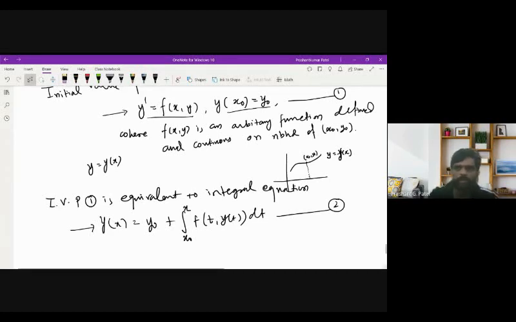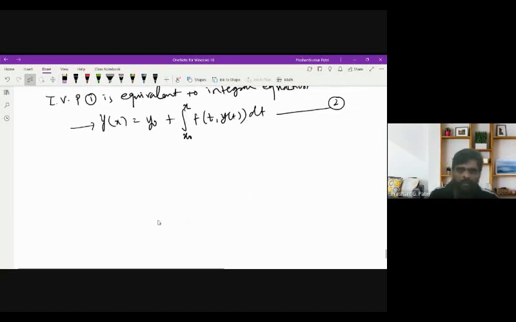In order to obtain a new solution or better approximation y1, we write y1 of x is equal to y0 plus the integral from x0 to x of f of t comma y0 dt. In the next step, we use y1 to generate another solution.